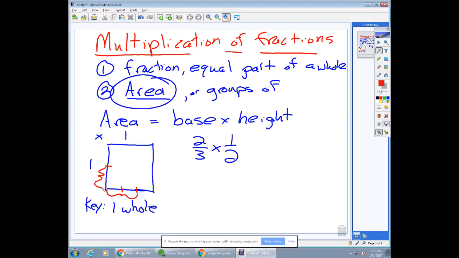Now, when we do that, we're essentially cutting this whole square cake. So continue those divisions through in both directions. I need the region of this that is 2/3 by 1/2. And so I'm pretty sure that that's this region right here.